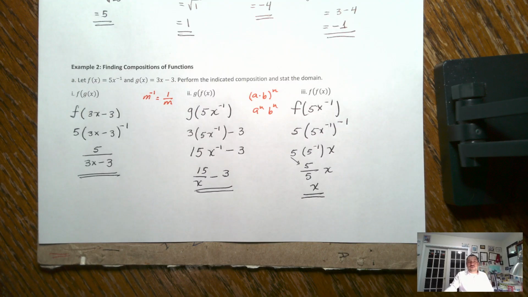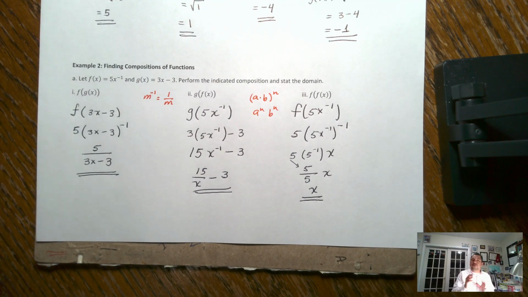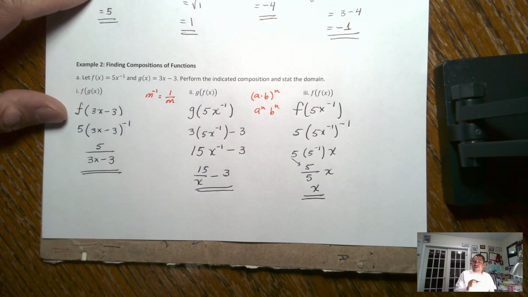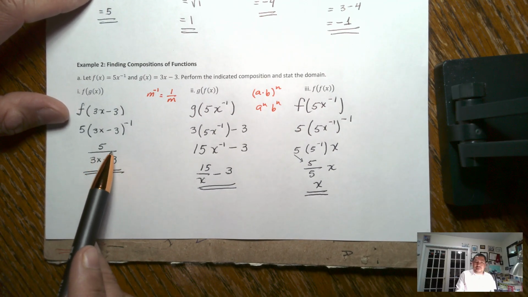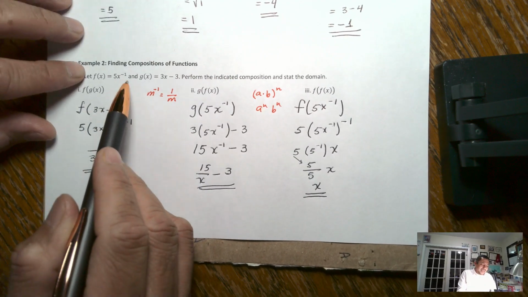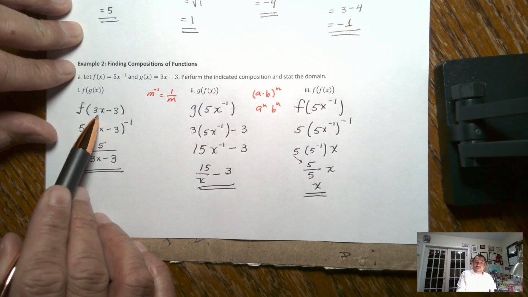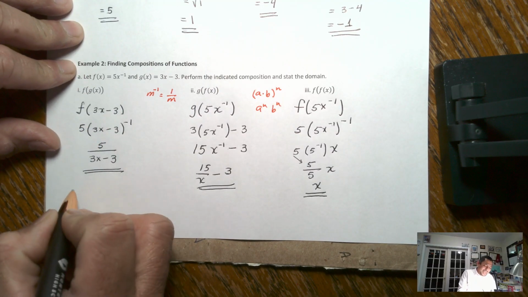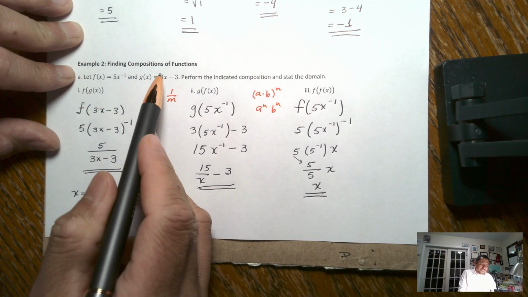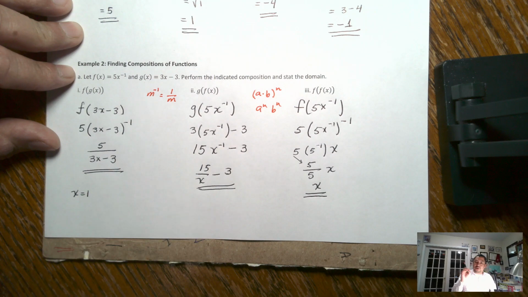Now we're going to do the domain. Now let's observe the first one. Okay, let's observe the first problem, number 1. I know I have that denominator, and we cannot have a number that makes my denominator 0. So let's observe this one. I have g(x), which was my composite function. So if I make x equal to 1, all this function g(x) is equal to 0.